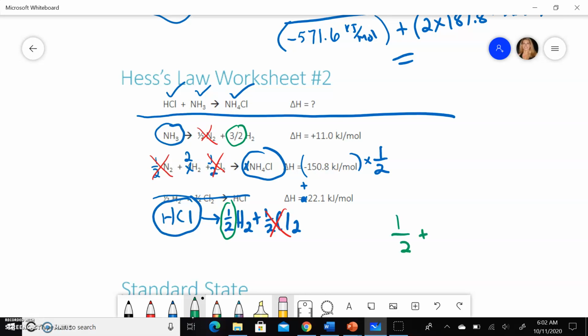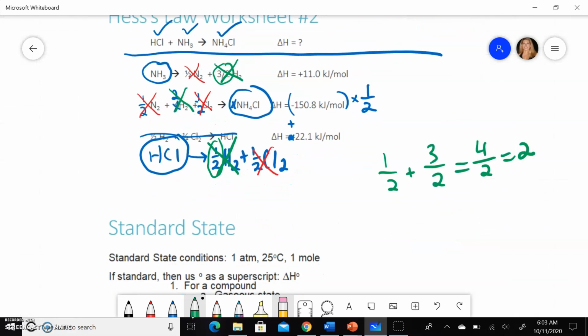So hopefully you can do some math with fractions. 3/2 plus 1/2 is 4/2, which is 2. So those two are going to combine to make 2 H2s, and that's going to cancel these 2 H2s. And so they do all end up canceling. And so now you're just ready to do the math, and all you're going to do is add up all of these 3 to get your final delta H. Just don't forget to multiply the middle one by 1/2, and don't forget that the last one is now positive instead of negative.